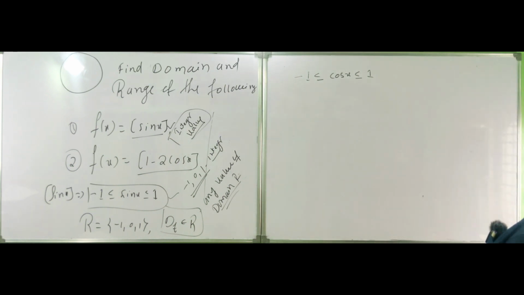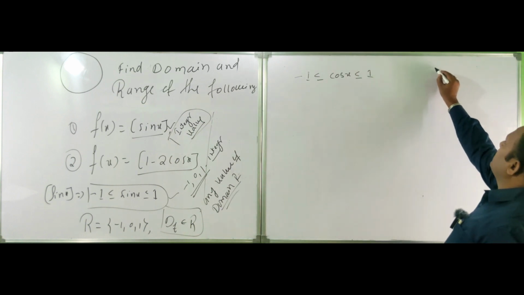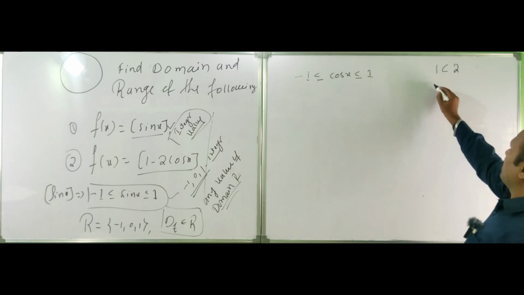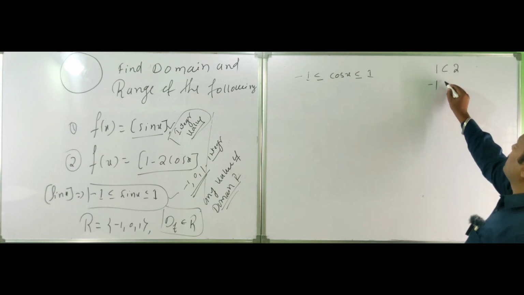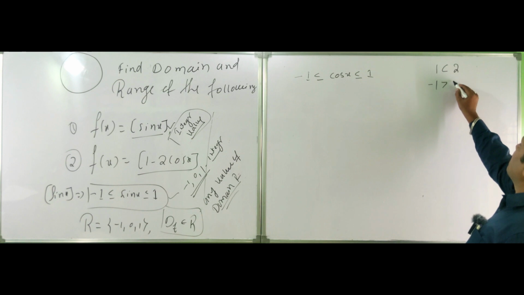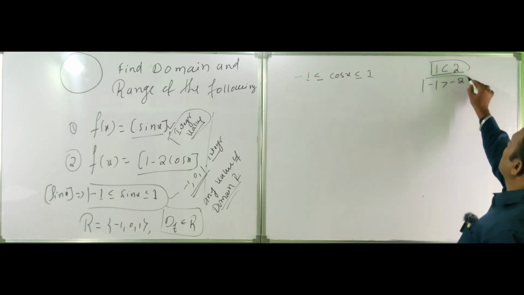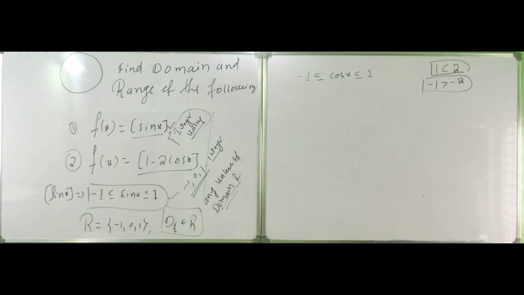See, 1 is less than 2. We apply the change of minus sign. Minus 1 becomes greater than minus 2. Minus 2 is less than minus 1 is less than minus 2.